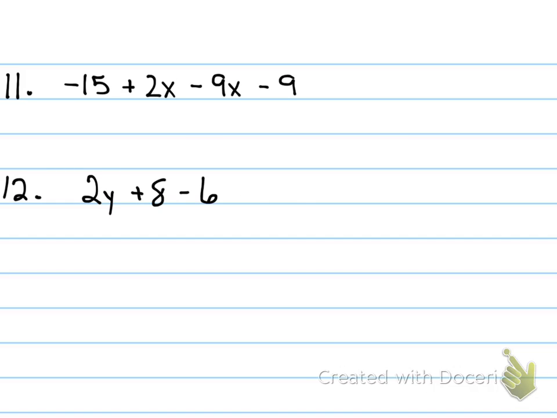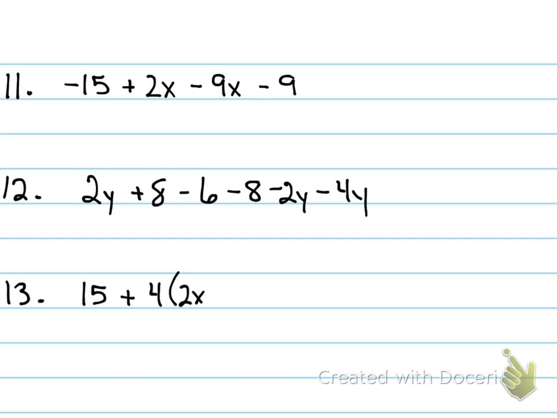Now, you've got 5 questions like 11 through 13. 3 of them are going to involve the distributive property like you see on number 13. Now, here's what you're doing. On 11 through 13, you are simplifying the expression. Here's a hint.